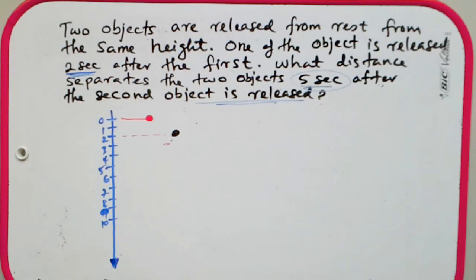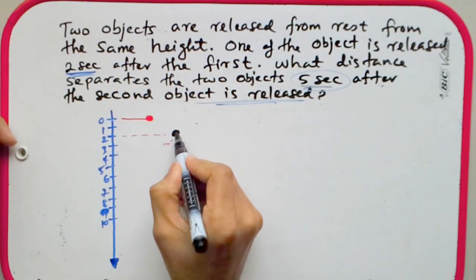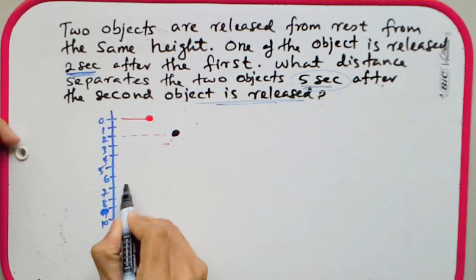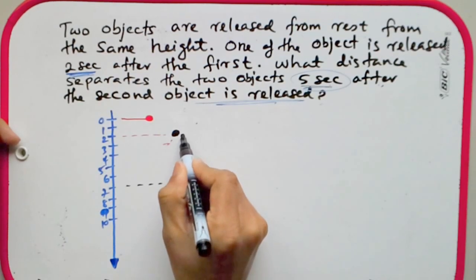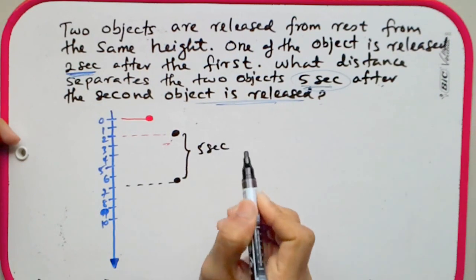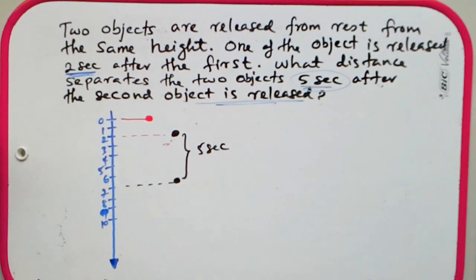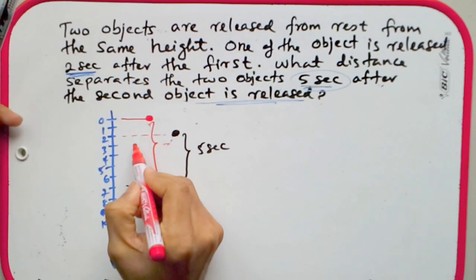The question is, you need to find the distance that separates these two objects 5 seconds after the second object is released. So after the 5 seconds means this one, right? So this interval is actually 5 seconds, but for the first one the time interval is, remember, 7 seconds.